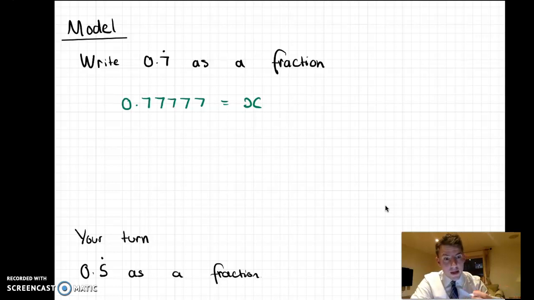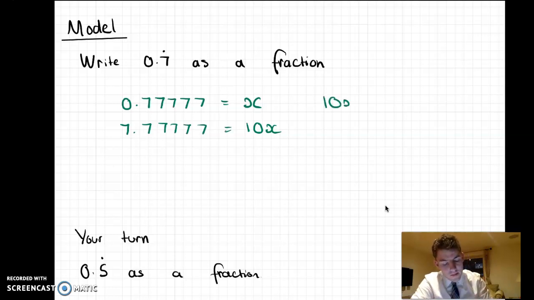For this one here, we're going to times it by 10. 10x. Now we can say that 10x take away x equals 9x, because 10 take away 1 is 9.